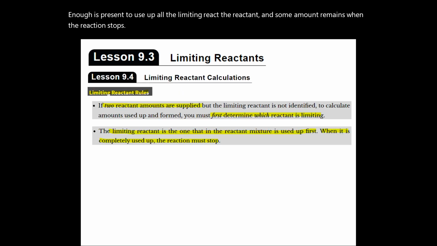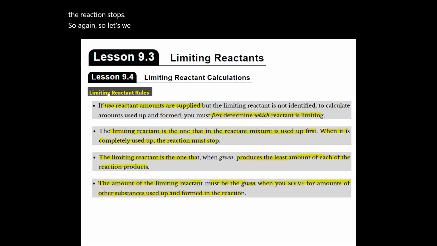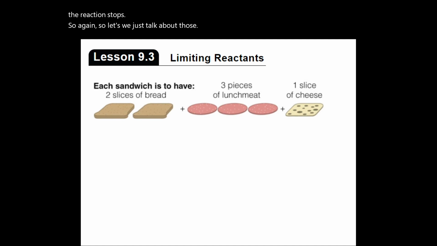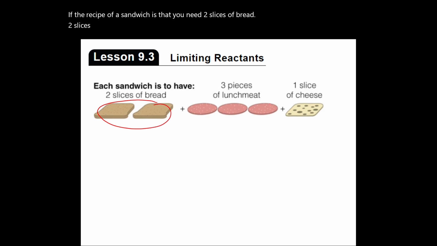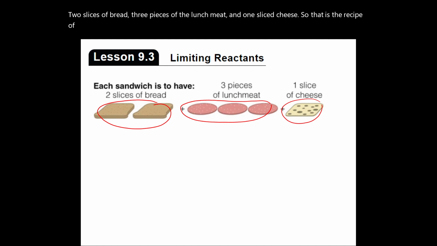So let's give an analogy here. If the recipe of a sandwich is that you need 2 slices of bread, 3 pieces of lunch meat, and 1 slice of cheese, that is the recipe of the sandwich.